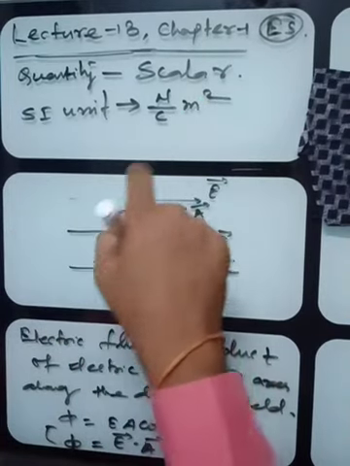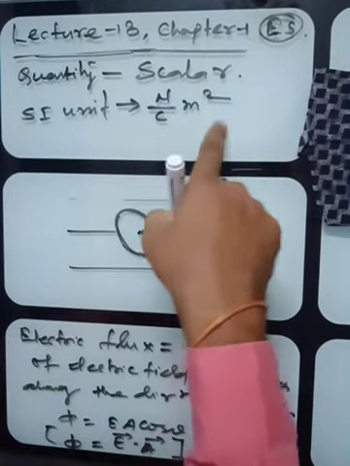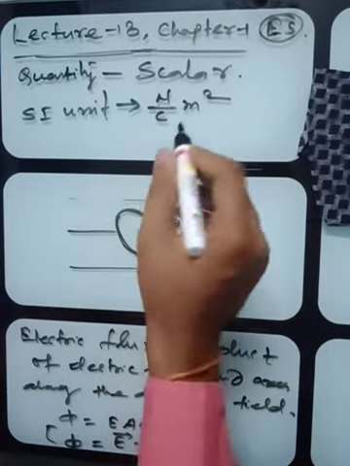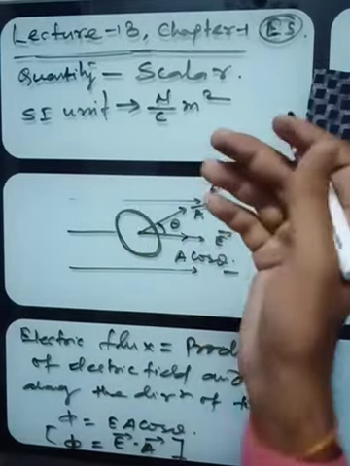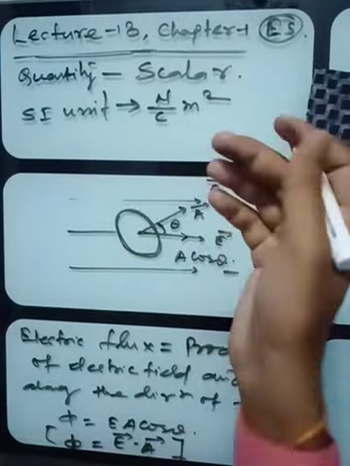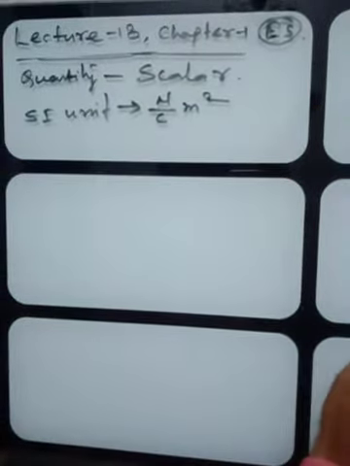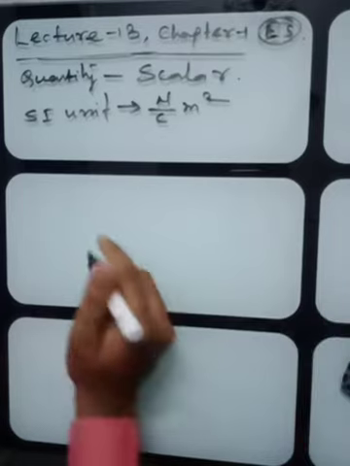So the SI unit of this electric flux is Newton meter square per coulomb. Try to write by yourself the dimension of electric flux. Now we are going to generalize the electric flux for its maximum value and minimum value.